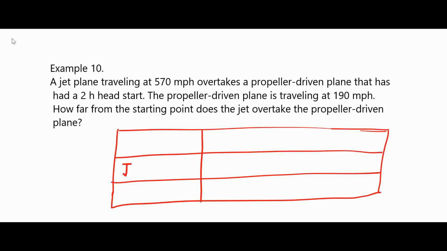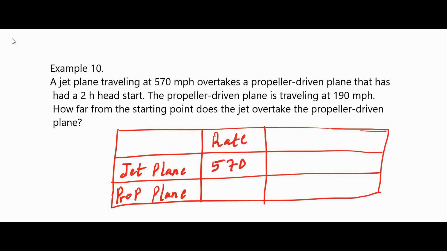Okay, this is the jet plane. And then propeller, and then rate 570.